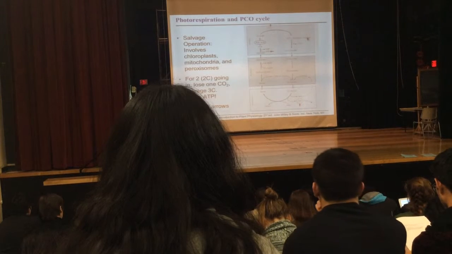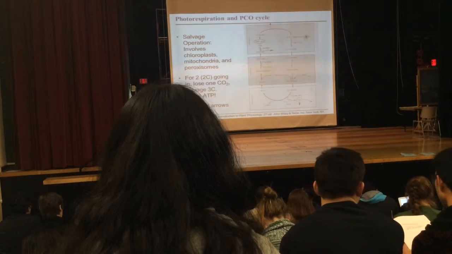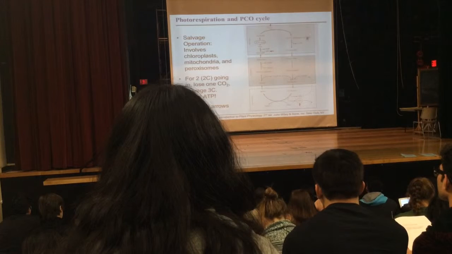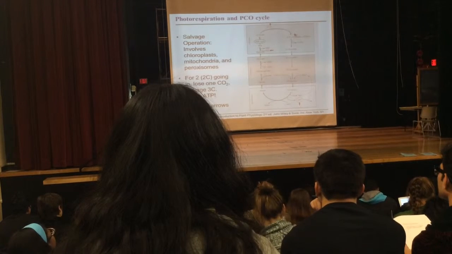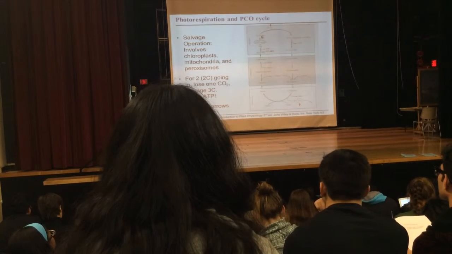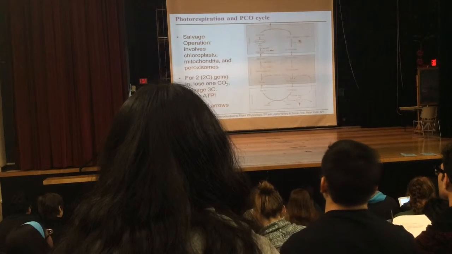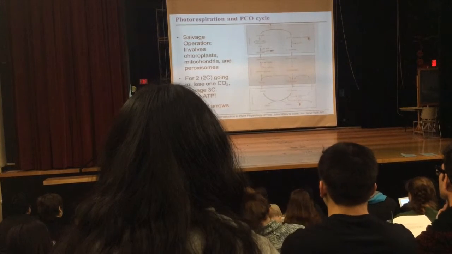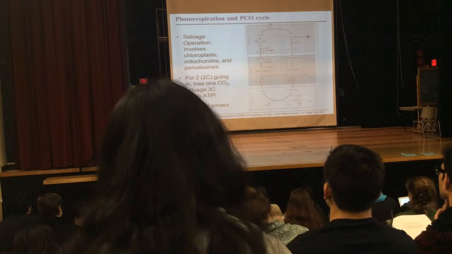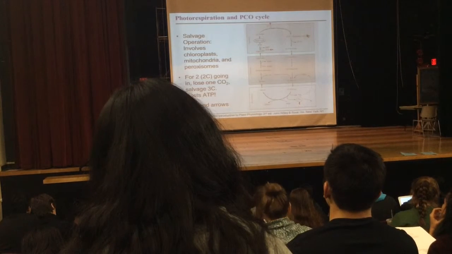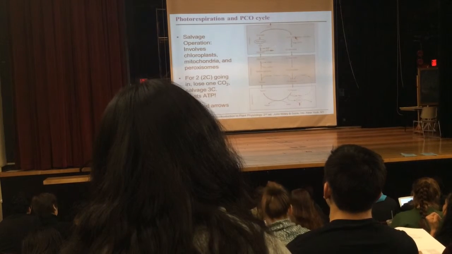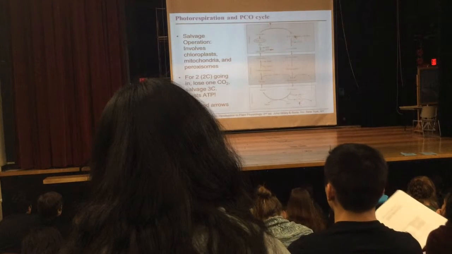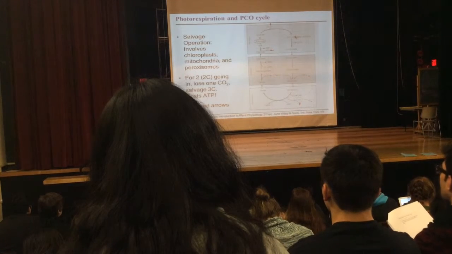And 2 PGAs. That's the 3-carbon compound. So 6 carbons here, 4 carbons there. You start with 10 carbons, you still have 10 carbons. The PGA is the 3-carbon acid. That's useful. That can be used as is. The phosphoglycolate, totally useless. So if they don't do anything to it, it's a loss of carbon.